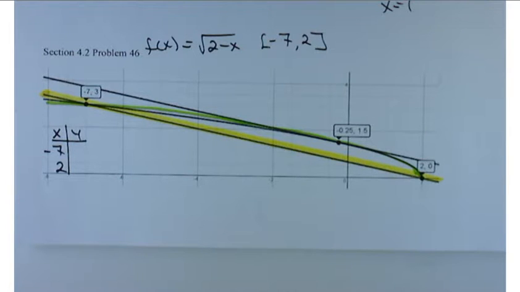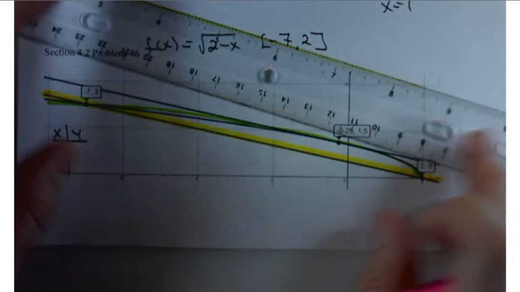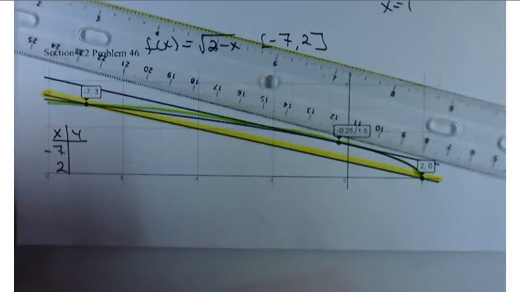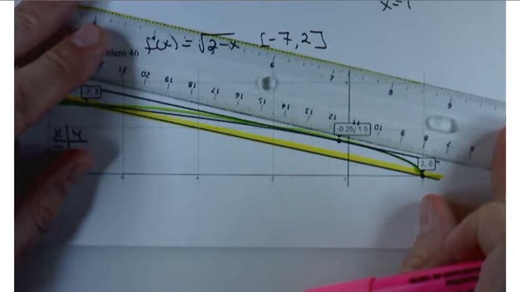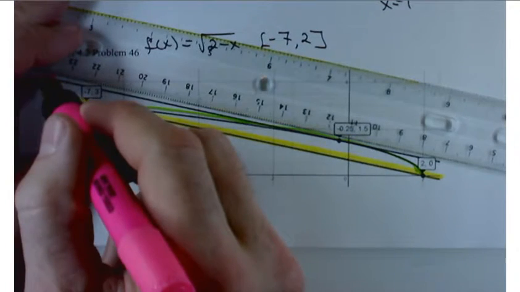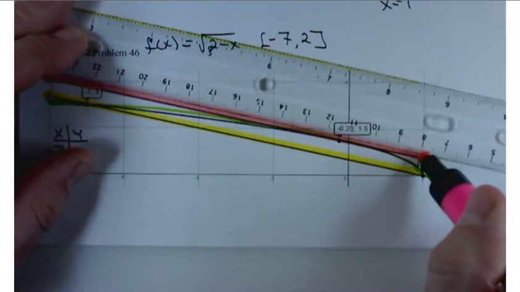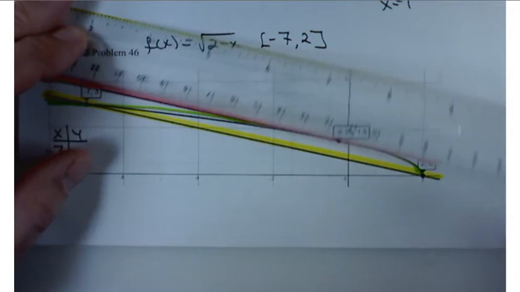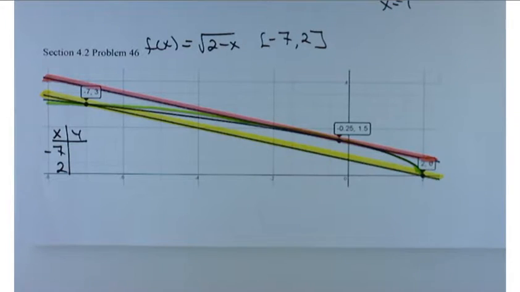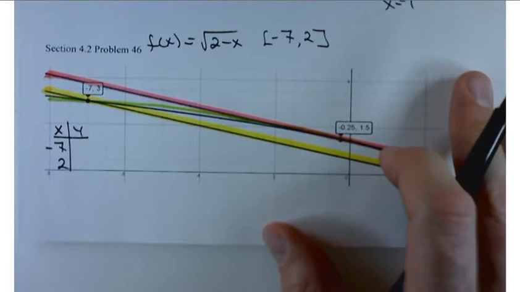So that would be the slope of the tangent line would be right here. So for the right point, those two things match. See if you can finish this one up and finish the mean value theorem for this particular problem.